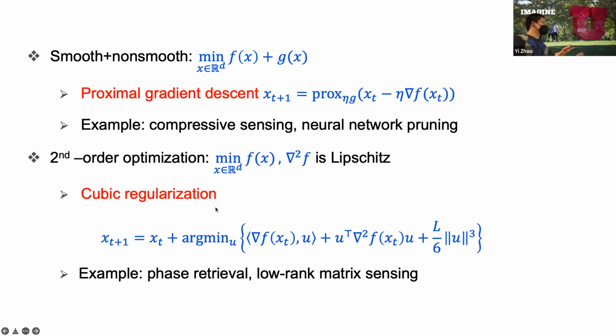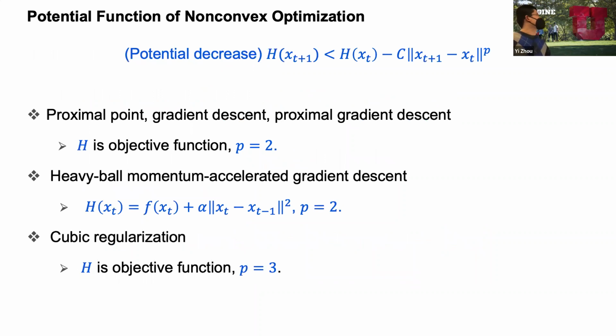All these algorithms are developed to solve different classes of problems, but in their convergence analysis, they share a common property. That is, we can always establish an implicit potential function and show that this potential function monotonically decreases along the optimization paths. For example, for these three algorithms, as well as the cubic regularization algorithm, the potential function is simply the objective function.